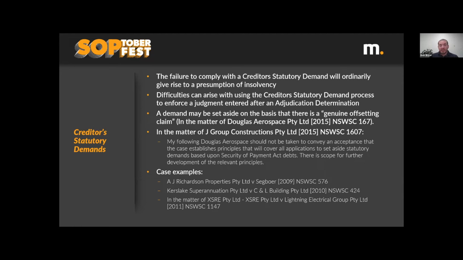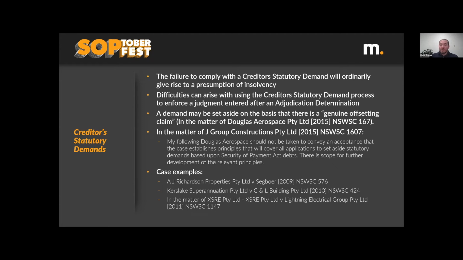The final example worked in the other direction. The situation was that there was a debt of about $60,000 that had been claimed by way of a statutory demand by a company called Lightning Electrical Group.